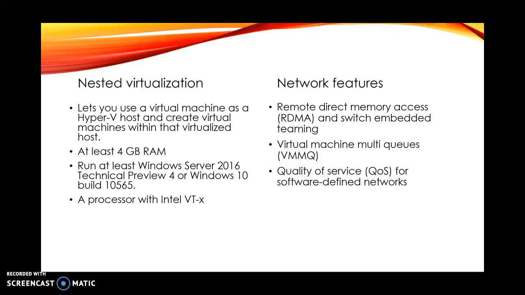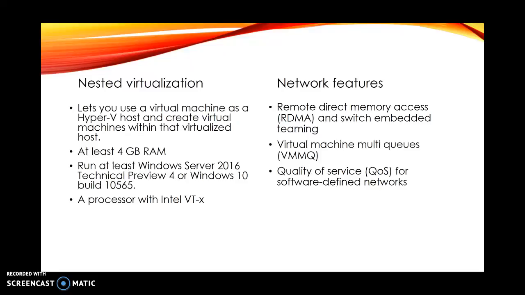VT-x. The new networking features include Remote Direct Memory Access and Switch Embedded Teaming. That allows you to set up RDMA on network adapters bound to a Hyper-V virtual switch, regardless of whether SET is also used.